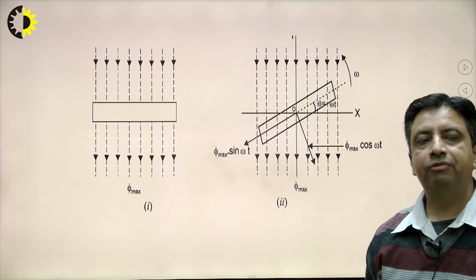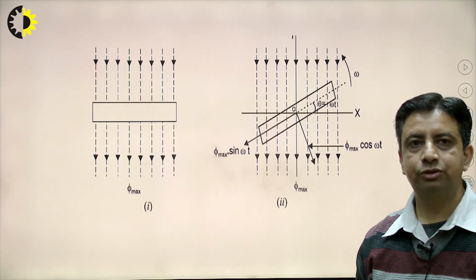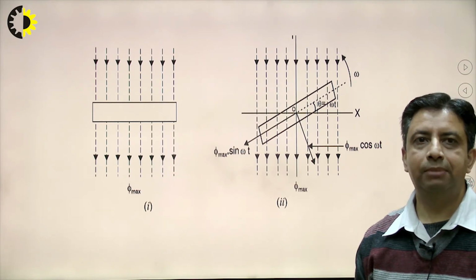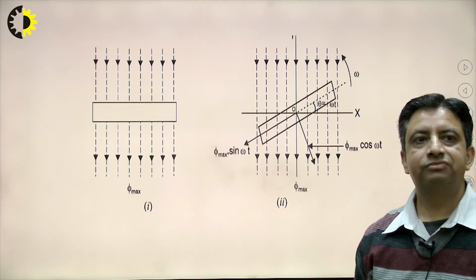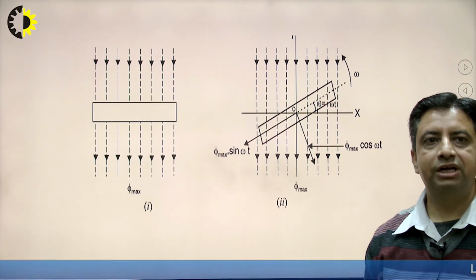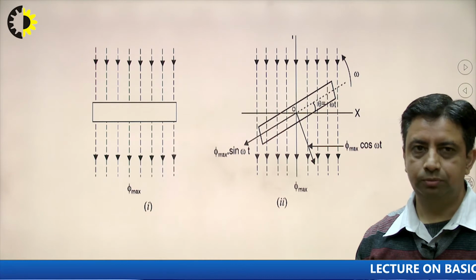With the help of mechanical means, if we rotate this coil as shown in figure 2 by an angle theta equal to omega t, this phi max can be resolved into two components. The first is phi m sin omega t and the second is phi m cos omega t.